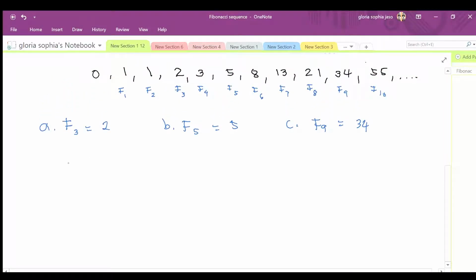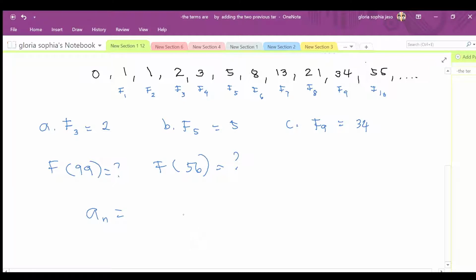But what if, class, the term we are evaluating is very large? For example, f of 99 or f of 56. Okay, so what will we do when it is like this? We can use the formula, class, for the nth term.